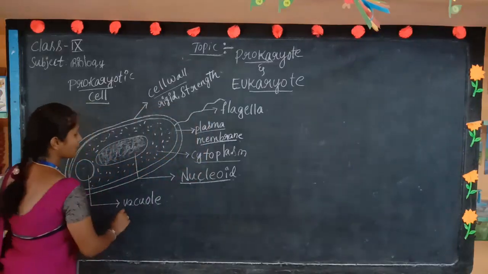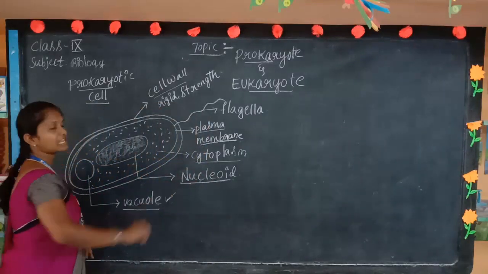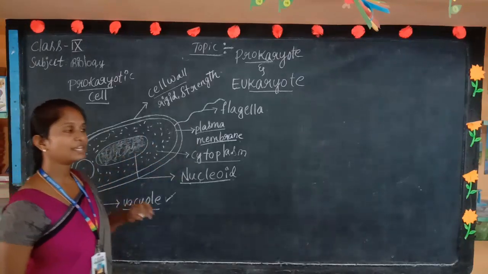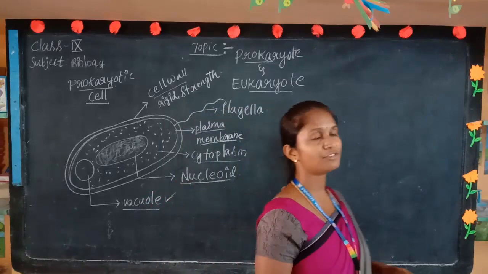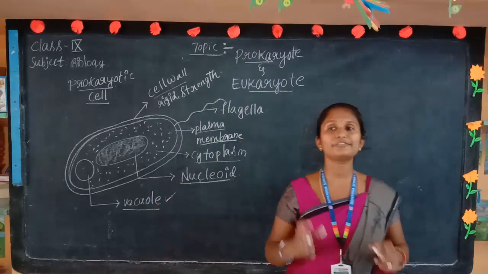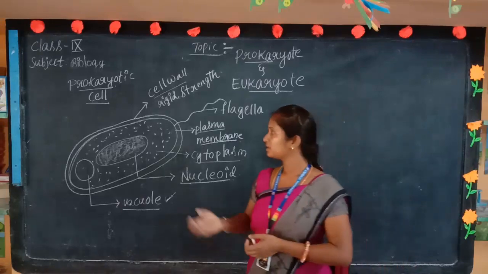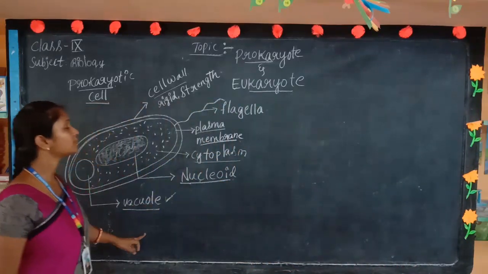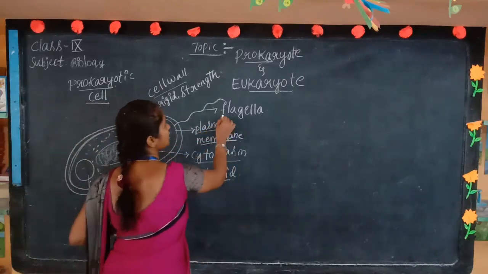And next, vacuole. Vacuole is a cell organelle present in the cytoplasm of a cell. This vacuole is helpful for the prokaryotic cell to store food and to excrete. And next, flagella.